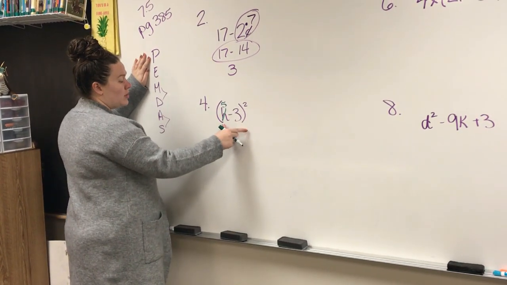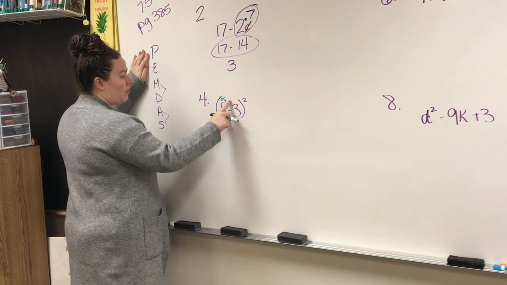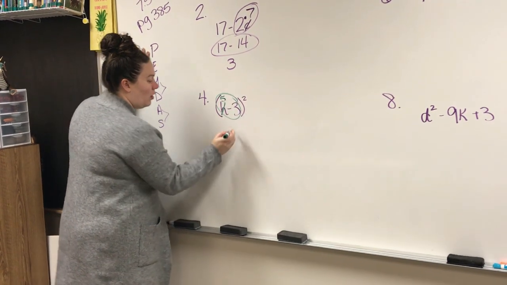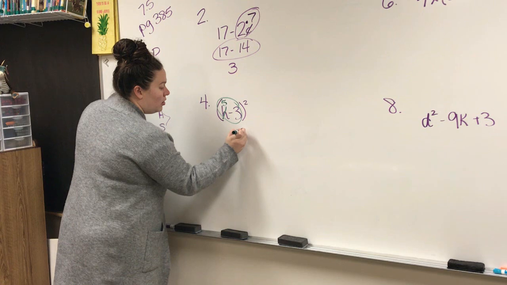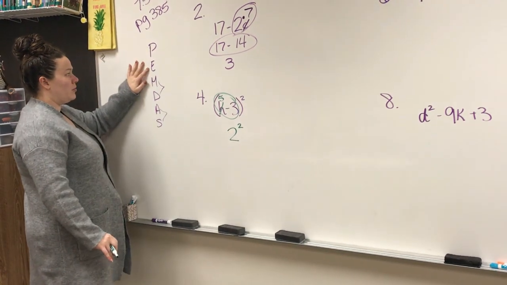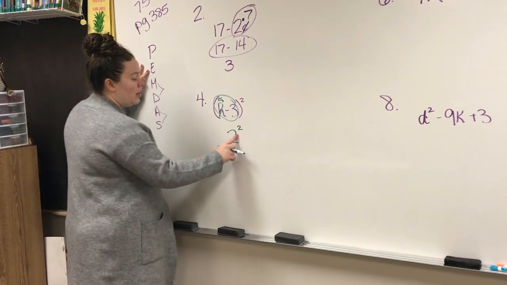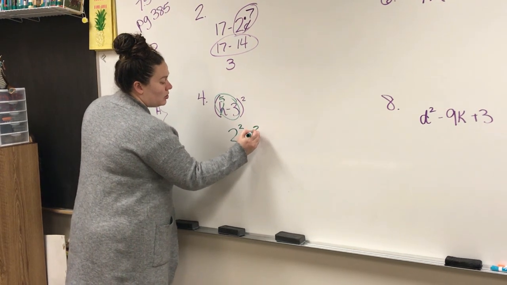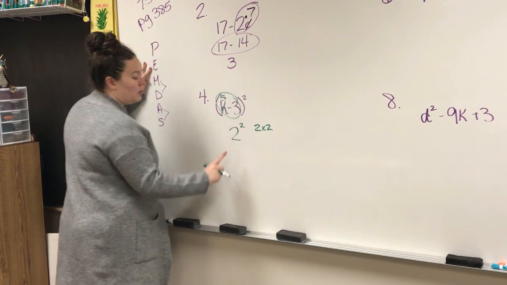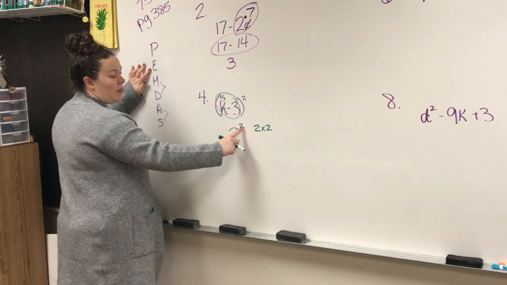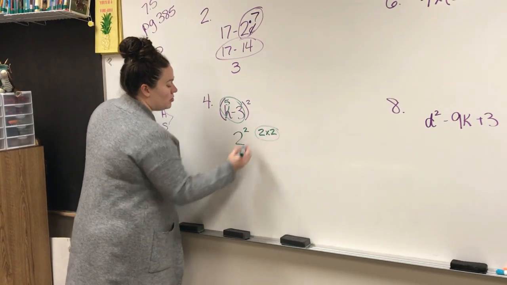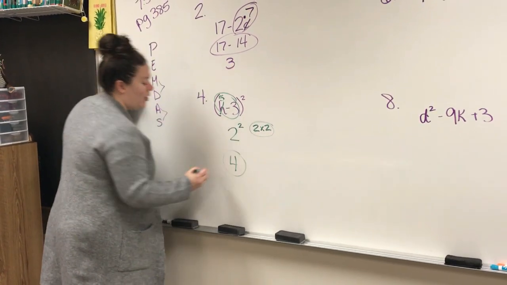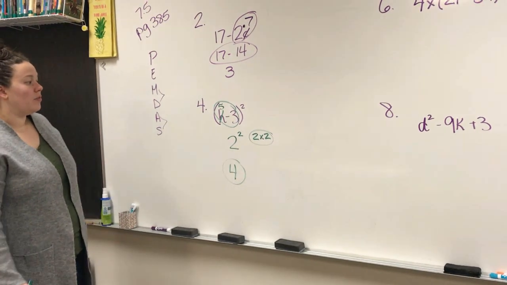Yes, we do. What's inside the parentheses is 5 minus 3, which is 2. And then rewrite the problem of squared. Do we have exponents? Yes, we do. This exponent is equal to 2 times 2, because you take the base and you write it that many times. 2 times 2 is 4. And we are done with number 4.